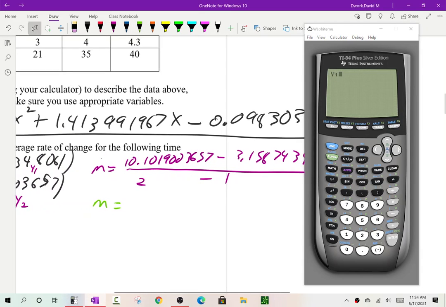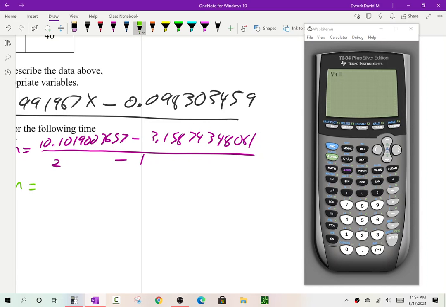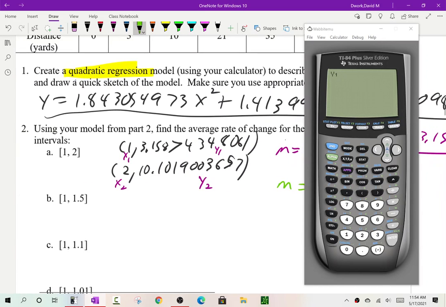Now the neat thing is your calculator recognizes function notation. So this numerator came from what? Well, it came from me substituting in 2. So it's y1 evaluated at 2. And then I want it minus vars, y vars, function y1. I want y1 evaluated at 1.